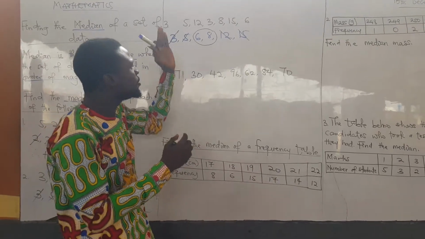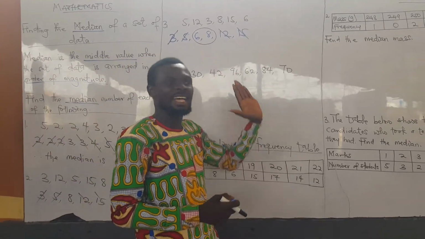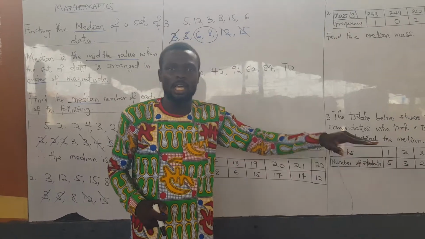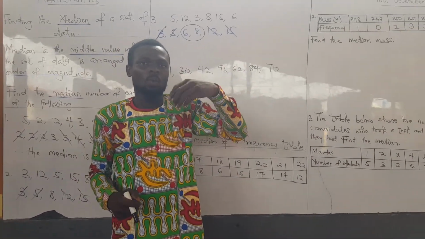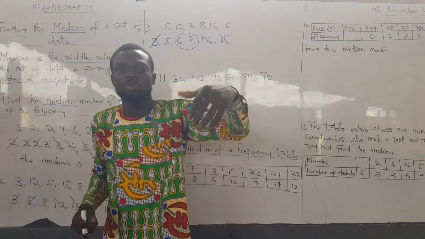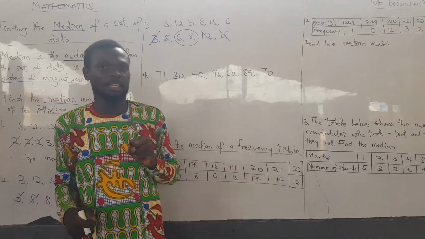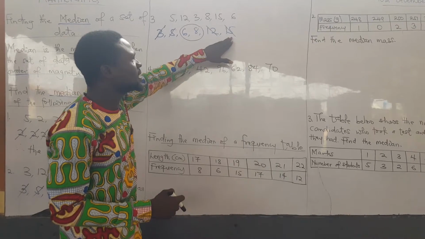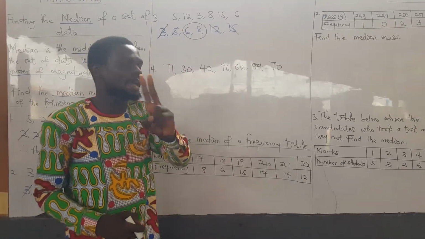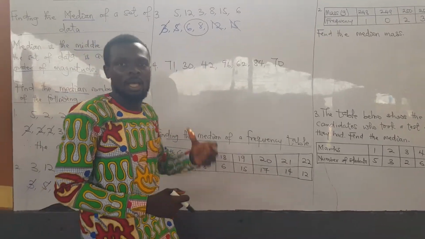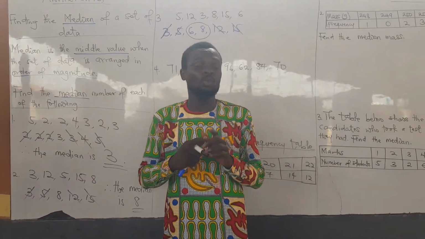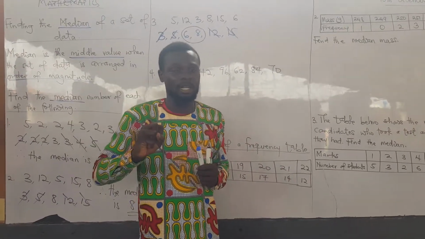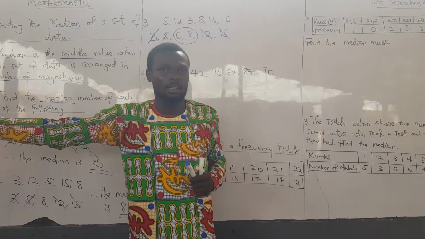Now when you arrange the data in order of magnitude and you are able to get 2 numbers in the middle, what are we going to do to get the median? When you look at this data, 2 numbers are in the middle. But in the previous ones, we were able to get only 1 number to be in the middle, and that number was our median.